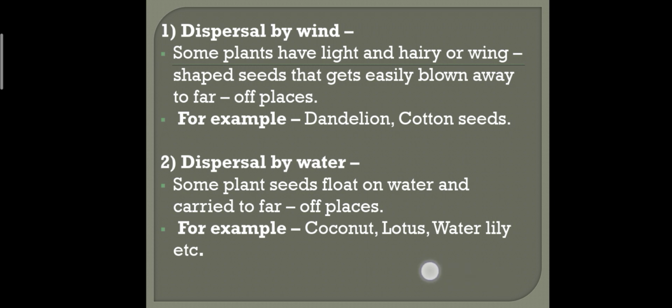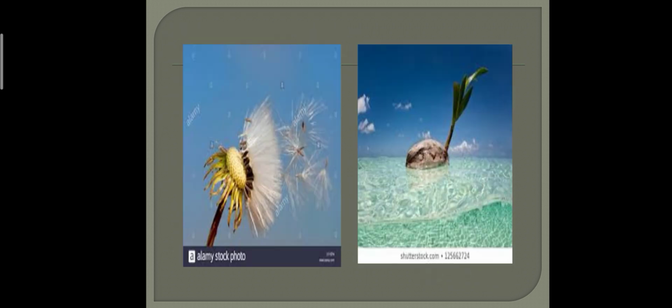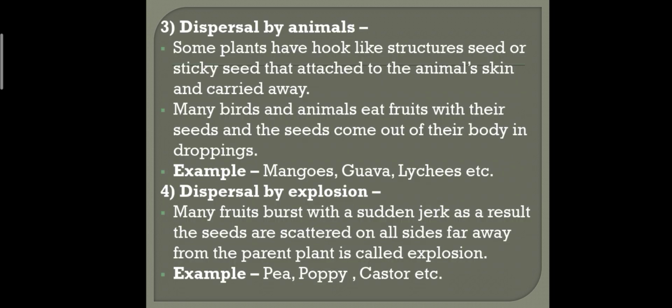Second, dispersal by water. Some plant seeds float on water and are carried to far off places, for example coconut, lotus, water lily, etc. The first figure is the example of dandelion, which is scattered by the wind, and the second figure is the dispersal by water. This is the coconut which disperses through the water from the parent plant. Now dispersal by animals.